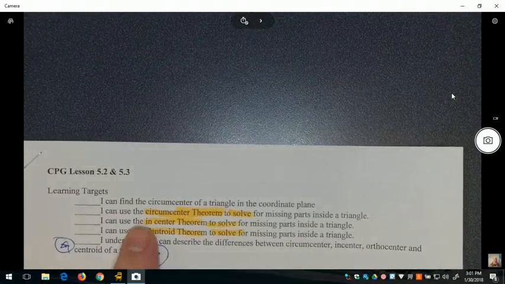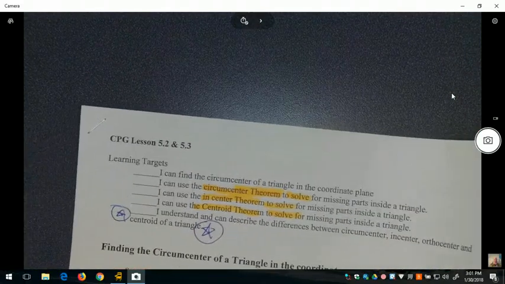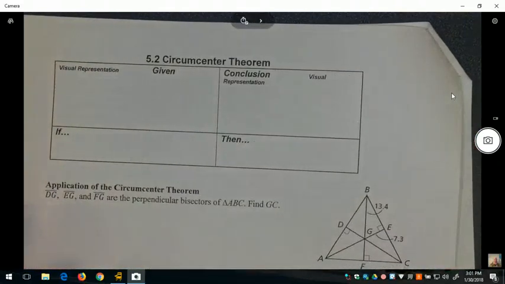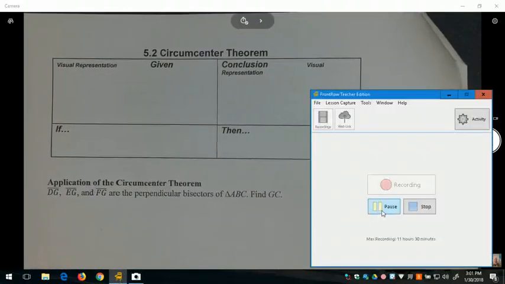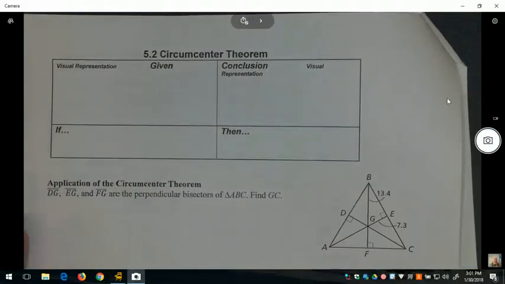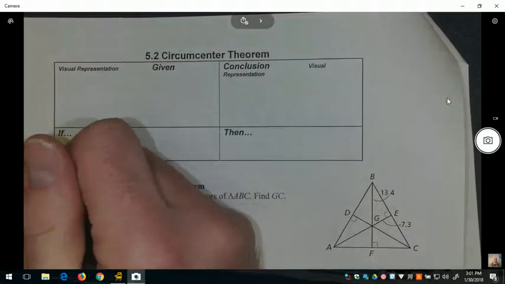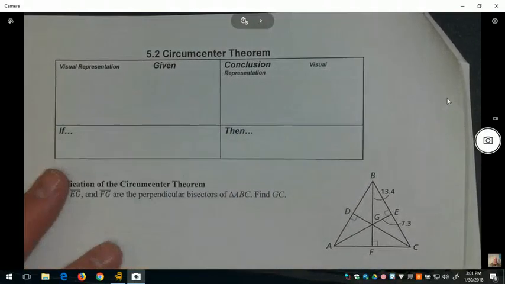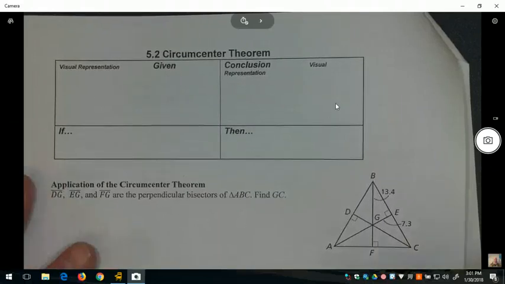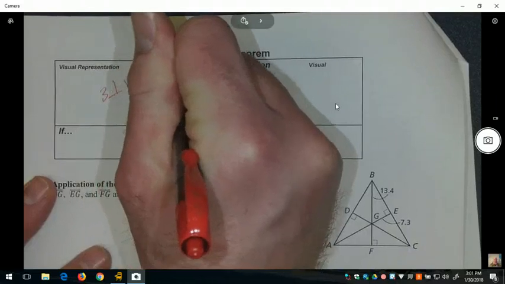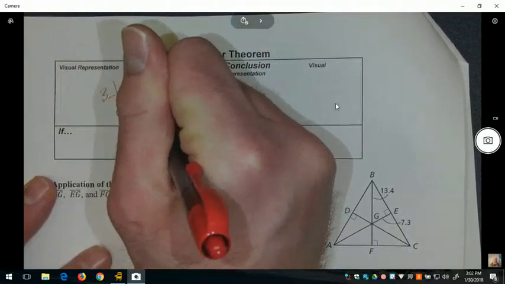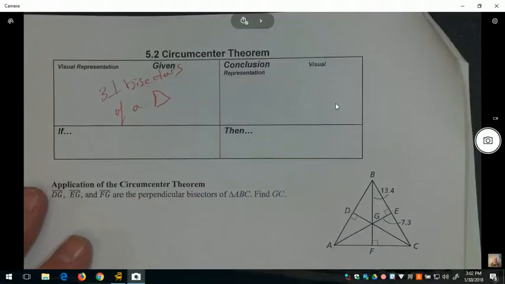So we've looked at how to graph a circumcenter in the coordinate plane. We're now looking at how to apply the circumcenter theorem. The circumcenter theorem says that, basically, I will summarize it in a second, but we're given the 3 perpendicular bisectors of a triangle as the hypothesis.